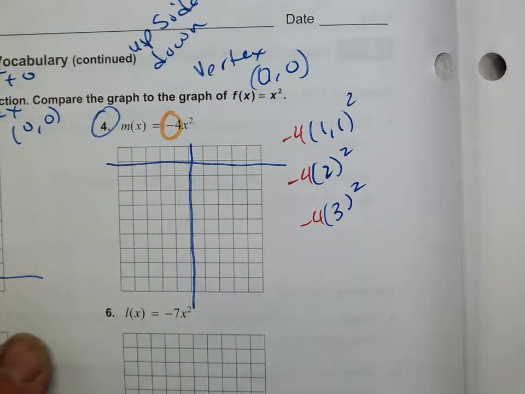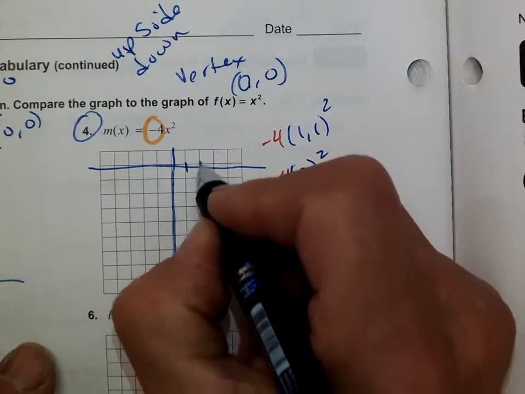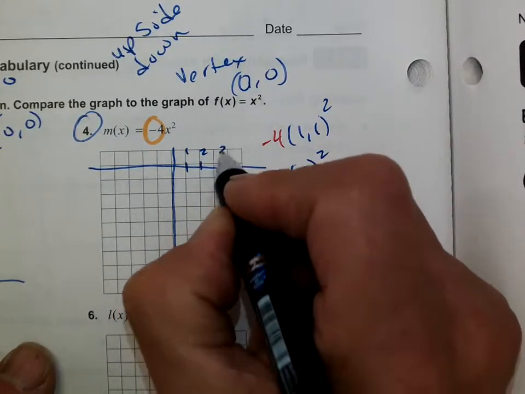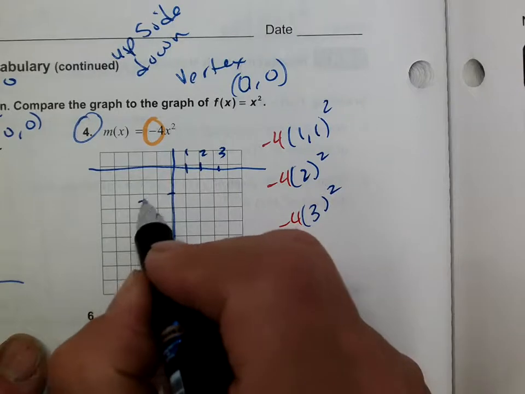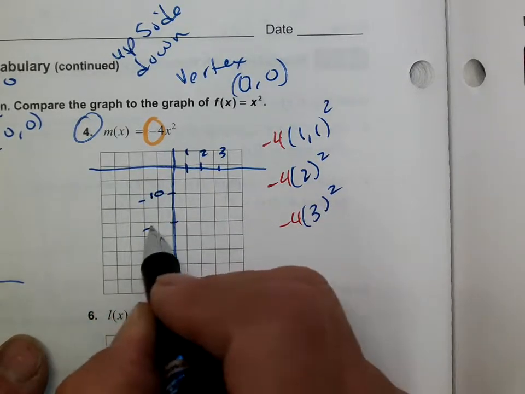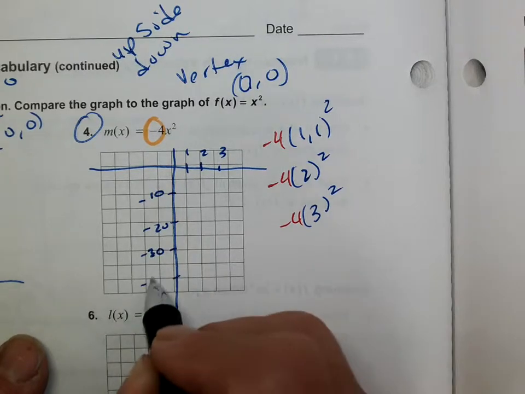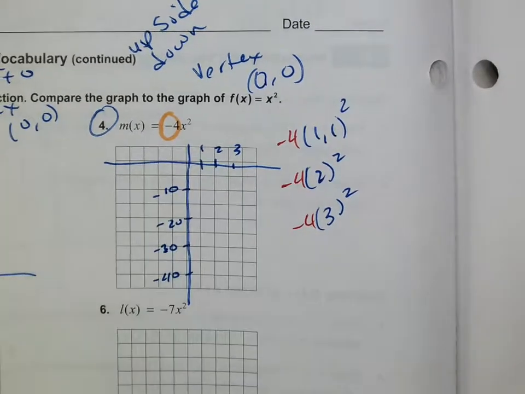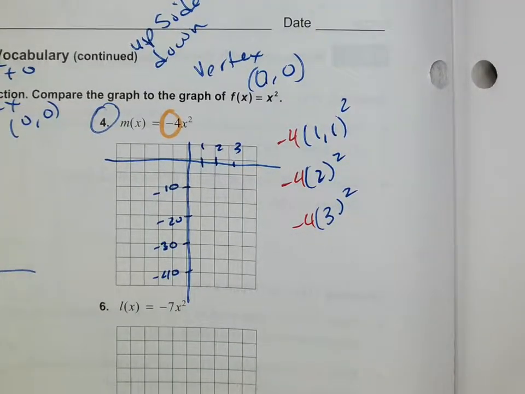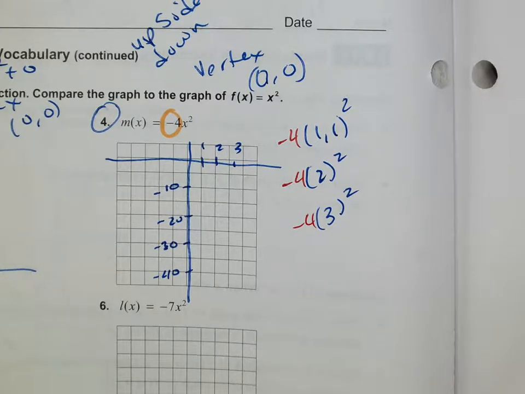So I'll go by 1s on my x-axis, but I'm going to go by 10s on the y-axis: -10, -20, -30, -40, and I should be able to get my parabola in there. Upside down because of the negative, and 4 times as tall.